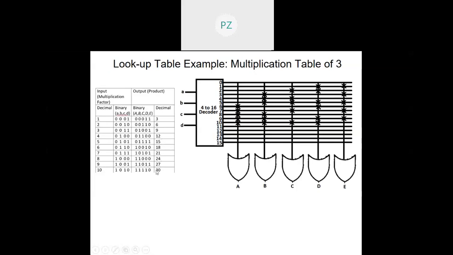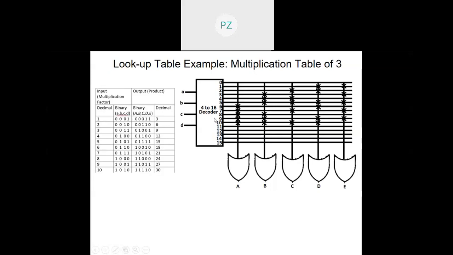Since this is going till 30, the output should have 5 bits, because 5 bits can have 32 different variations and I just require 30 of them, right? Whereas the input may have just 4 bits, because it is going from 1 to 10, right? So 4 inputs A, B, C, D.